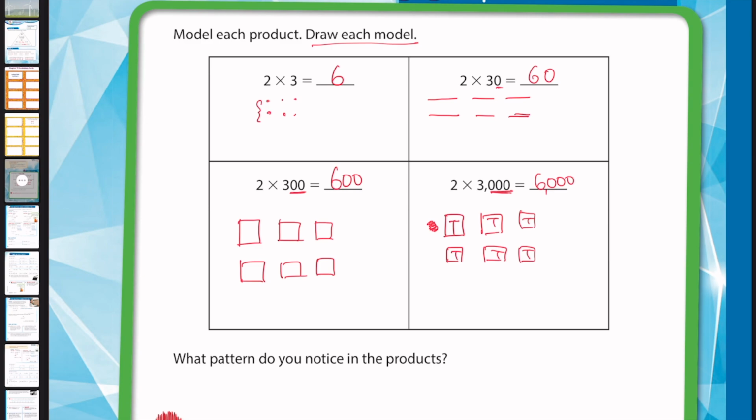Okay, what pattern do you notice in the products? Yep, they're adding 1 zero, 2 zeros, and 3 zeros.